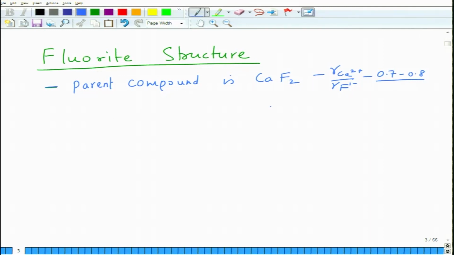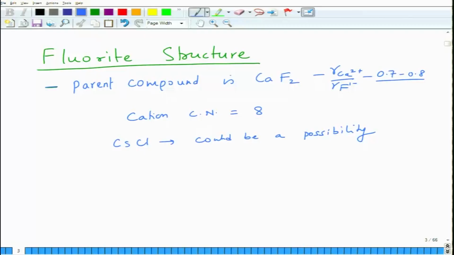As a result, the cation coordination number is 8. We discussed that if the cation coordination number is 8, one possibility is a cesium chloride kind of structure, where 8 fluorine atoms will surround 1 calcium atom.